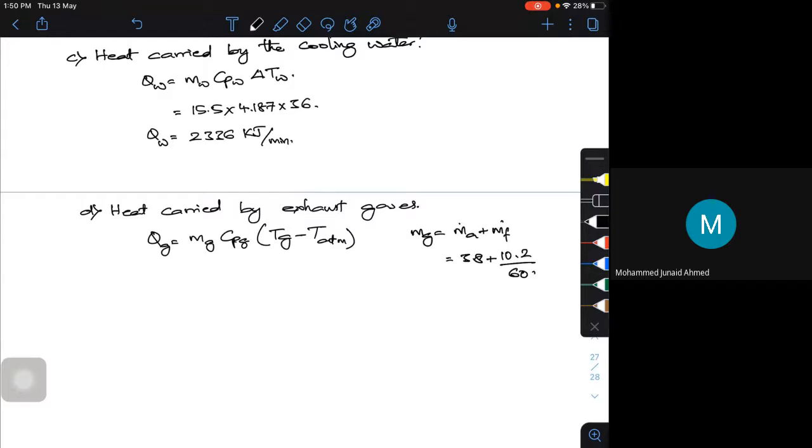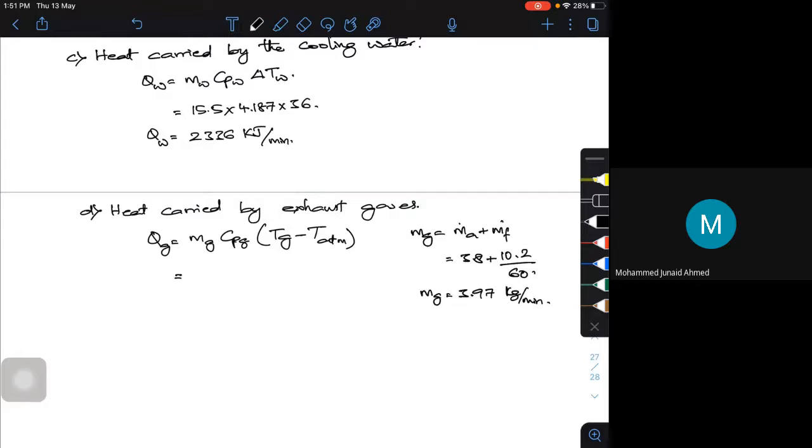That is the mass of exhaust gases. So it is 3.97 kg per minute.